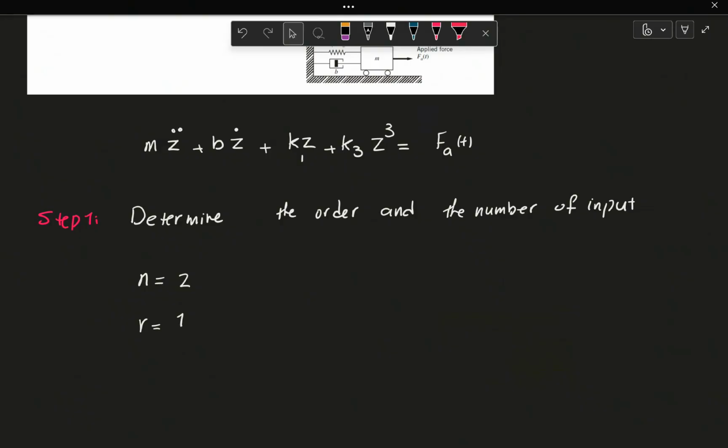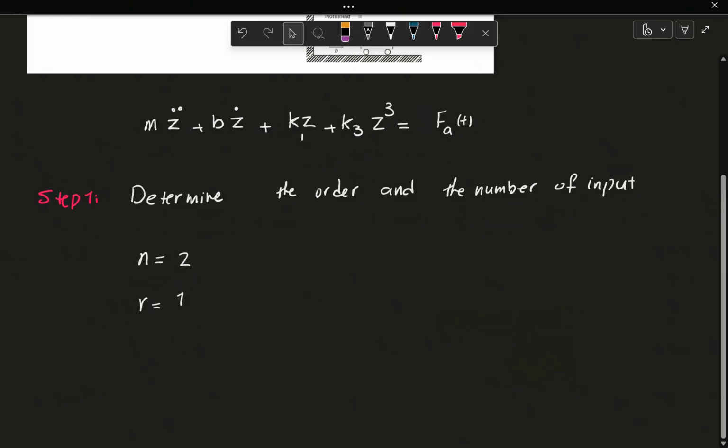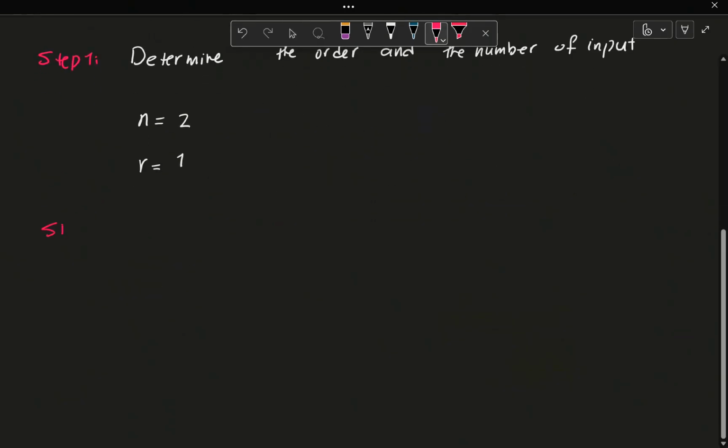Now I'm going to go to step 2: set up your state and input variables.